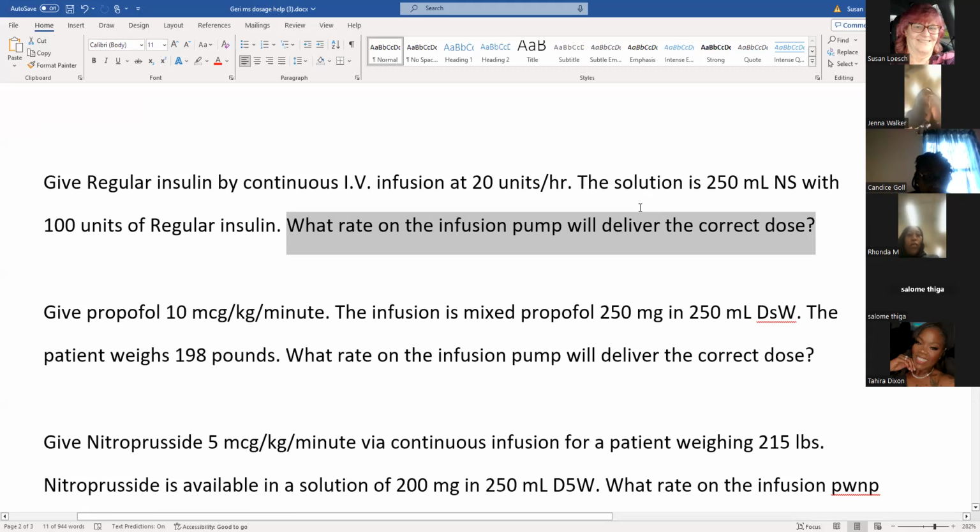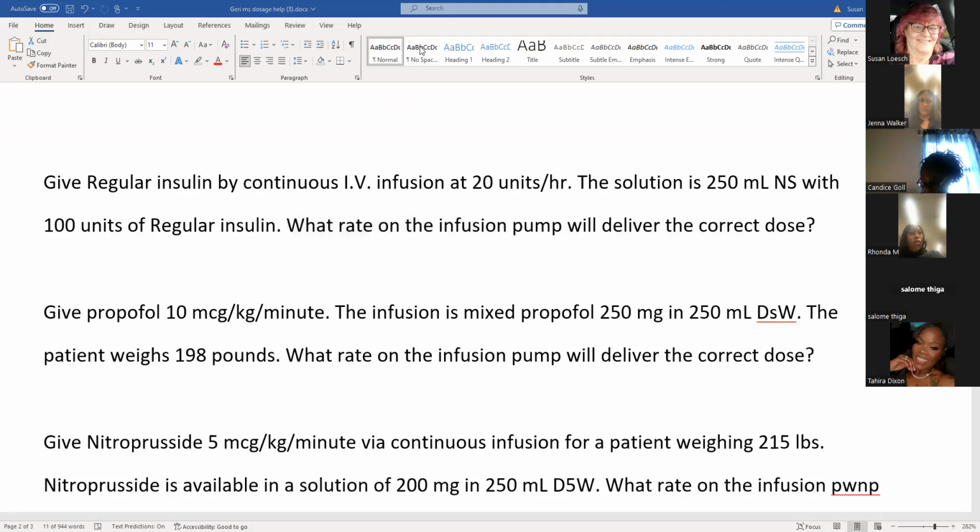Okay, so somebody said desired over have. So what do we have on hand? 100 units in 250 mL. Okay, and what is our ordered dose? 20 units. Right, so you're just going to take the 20, put it over the 100 times 250.